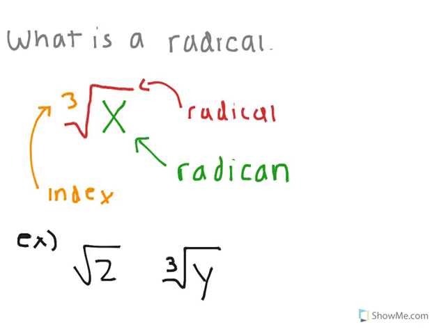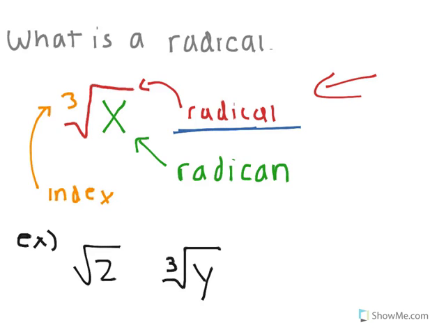Okay, so now we're going to go over radicals. What is a radical? Well, this is a radical right here, and the radical is this red sign. And the green x, or whatever term is underneath the radical, is the radicand.